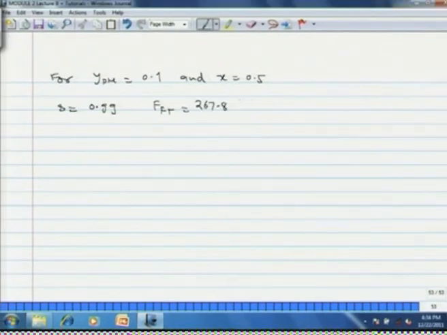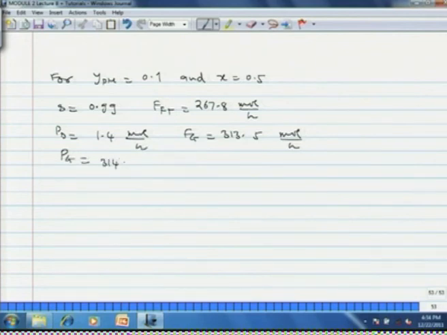S comes out to be 0.99, fresh toluene comes out to be 267.8, diphenyl 1.4 mole per hour, then fresh gas is reduced because of purification of hydrogen, to 313.5 mole per hour, and purge gas as 314.9 mole per hour.